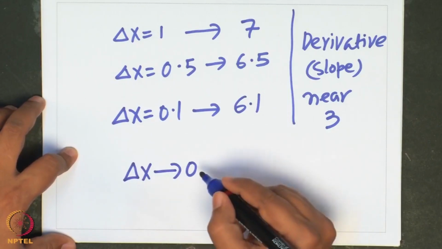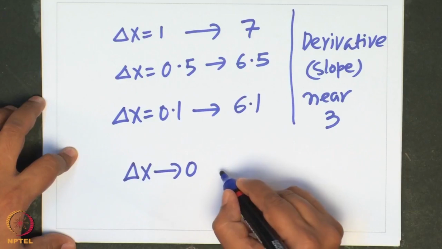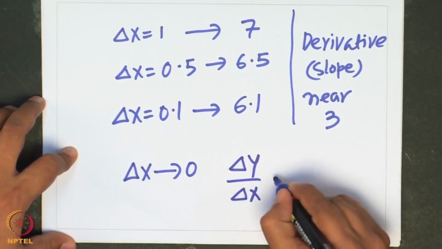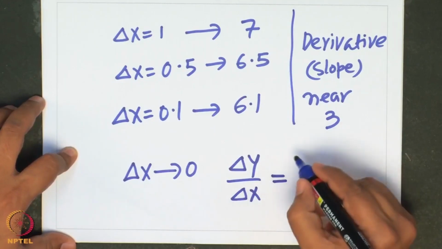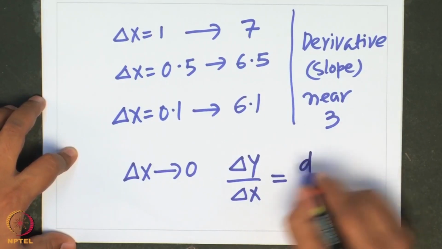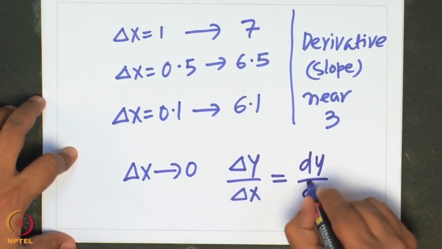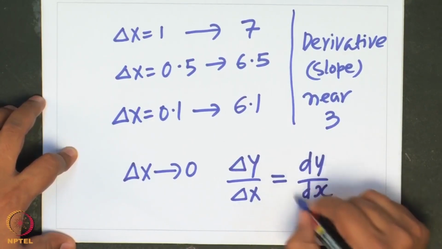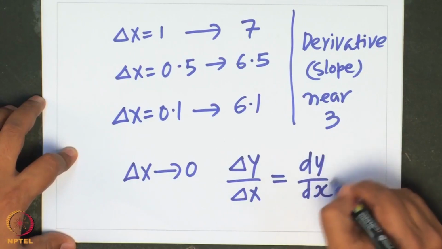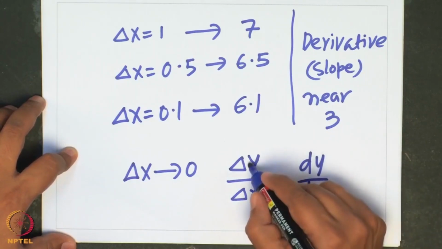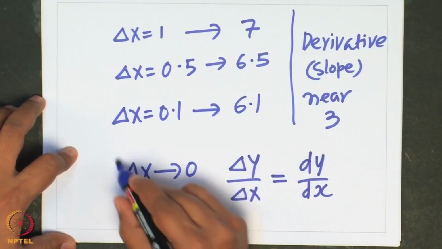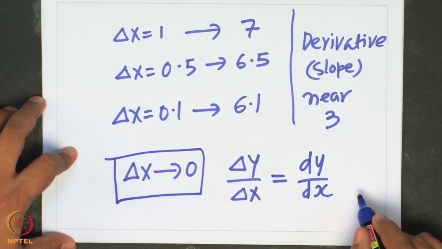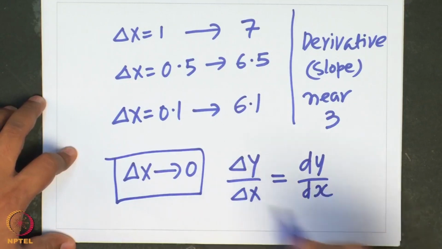If I take the smallest delta x and then calculate delta y by delta x, that is the derivative. This is called dy by dx. Calculating the derivative of a continuous function y means calculating delta y by delta x by taking delta x tending to 0.